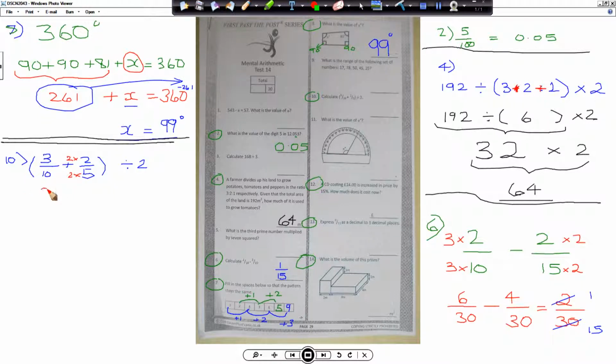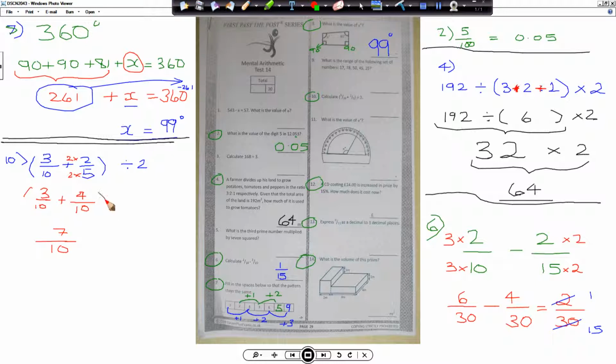So we can copy down now 3 tenths. Add, we're going to add to that 4 tenths. So 3 tenths add 4 tenths will give us, what will give us? 7 tenths. The bottom number is not added.